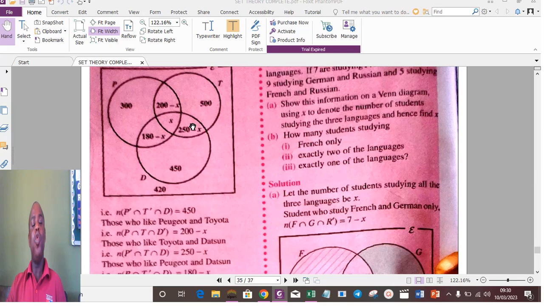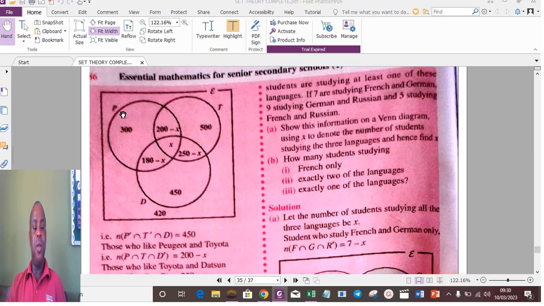Those who love at least two cars mean two cars and above. These guys love Toyota and Dasun. This guy loves Pidgeot and Dasun, and these guys love Pidgeot and Toyota. So you add all of them together.